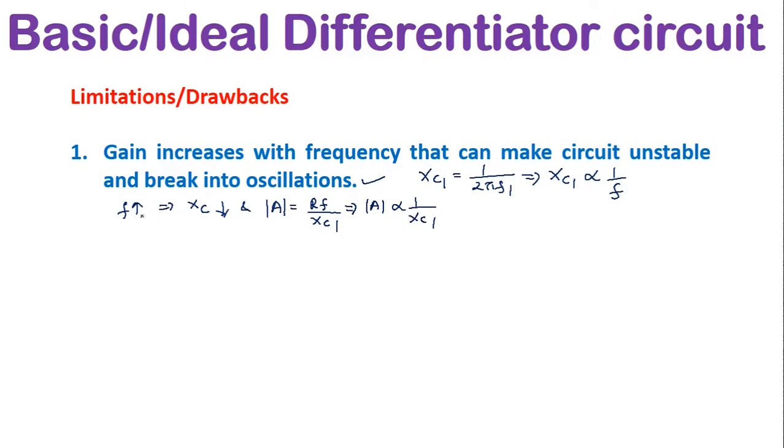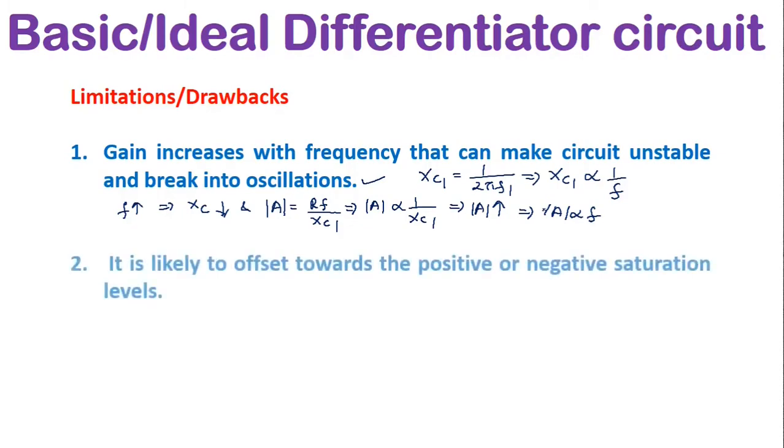That means when frequency increases, the capacitive reactance will decrease, so the gain will increase. That means the gain is directly proportional to frequency. If frequency is increasing, the gain will also increase. So as the frequency increases, the gain also increases, and this makes the circuit unstable and break into oscillations. As the circuit becomes unstable, there is a possibility that the circuit may go into saturation. So it is likely to offset towards positive or negative saturation levels.